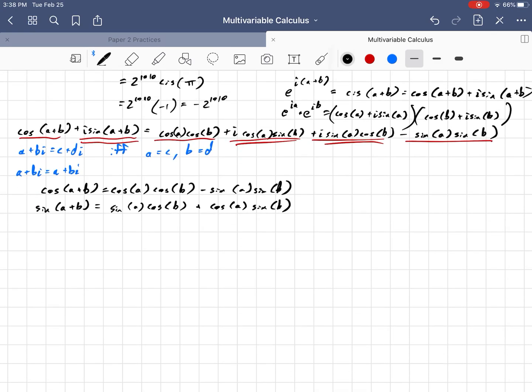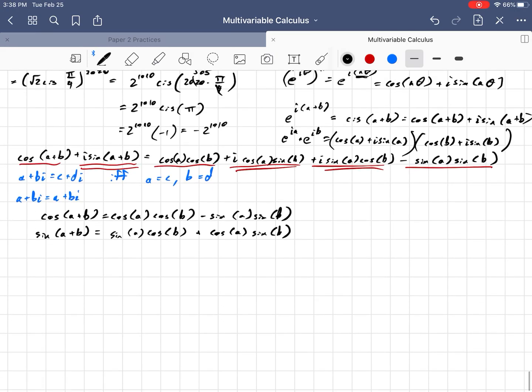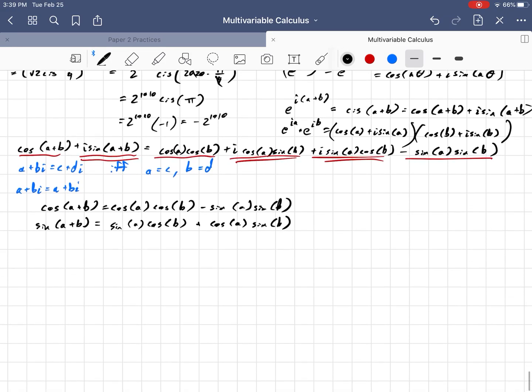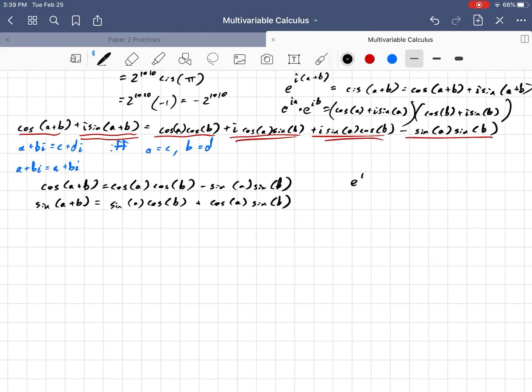It's pretty cool. And you can do this for the double angle formulas as well, right? Just using the fact that e to the I theta squared is e to the 2 theta I, you could say that cosine theta plus I sine theta squared is cosine 2 theta plus I sine 2 theta.